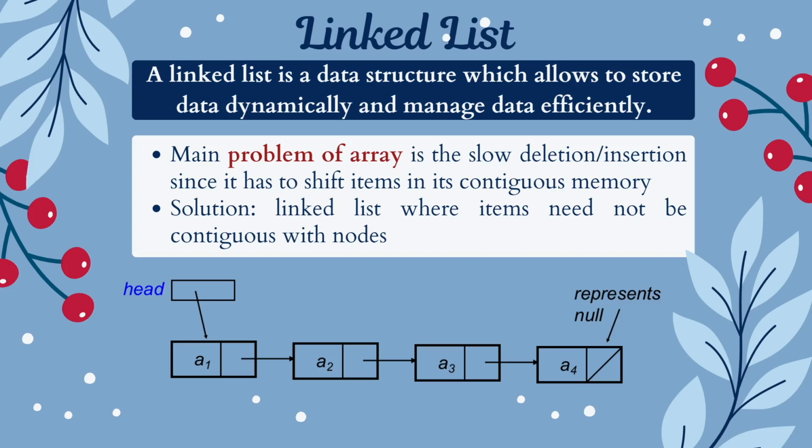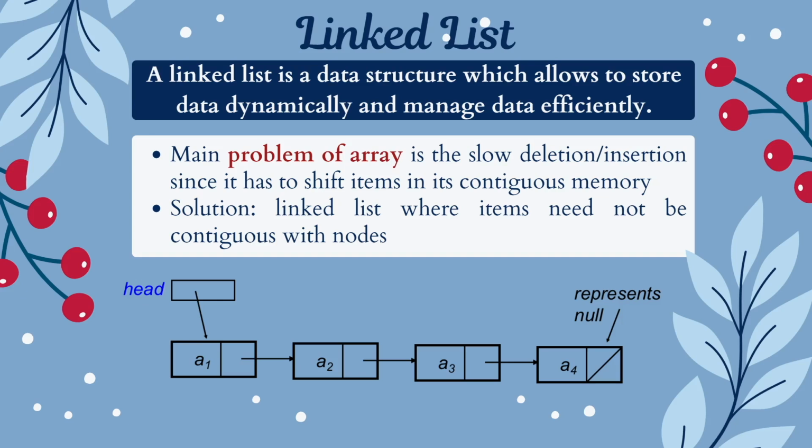as here we do not allocate memory contiguously, but we chain up all the nodes with the help of pointers. So, what you see here is a linked list with 4 elements, namely A1, A2, A3 and A4, and of course, we do not estimate the size of the list ahead.